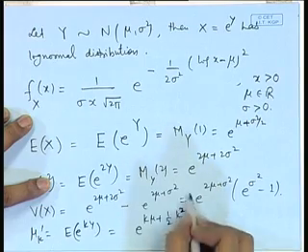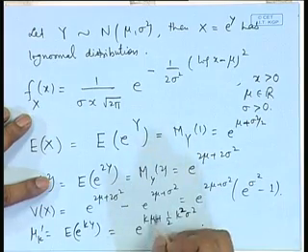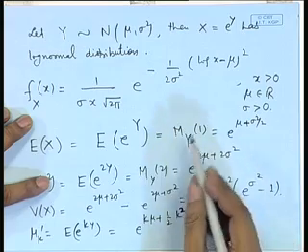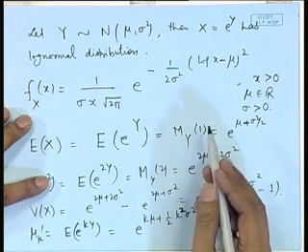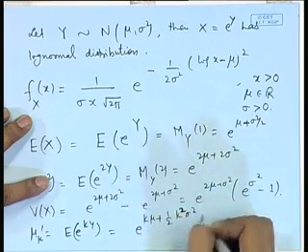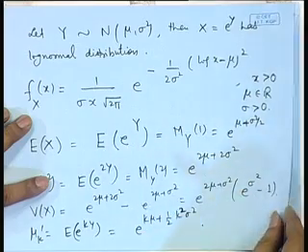So, moments of all orders of the log normal distribution exist and they can be expressed in terms of the moment generating function of the normal distribution.